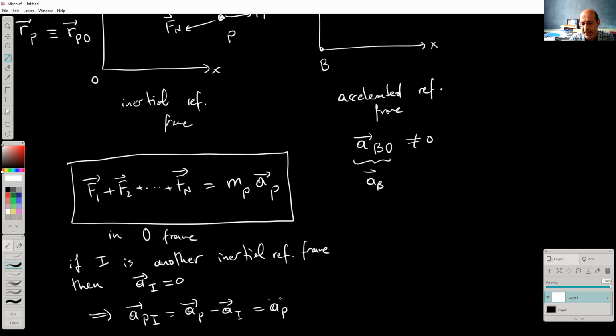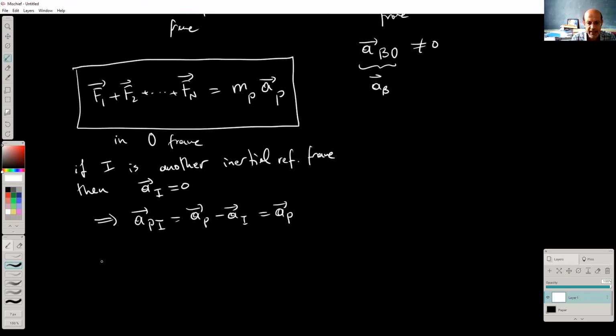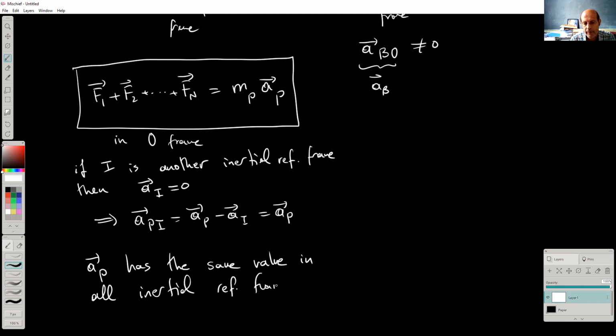So therefore, this is AP. So which means the acceleration of an object has the same value in all inertial reference frames. Okay, so that's the important point in here.